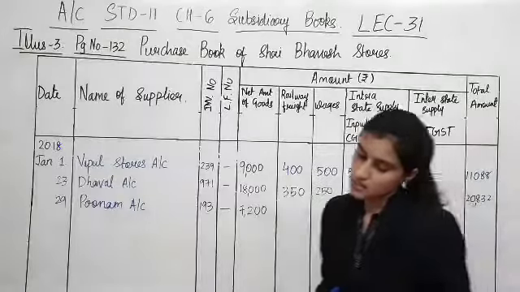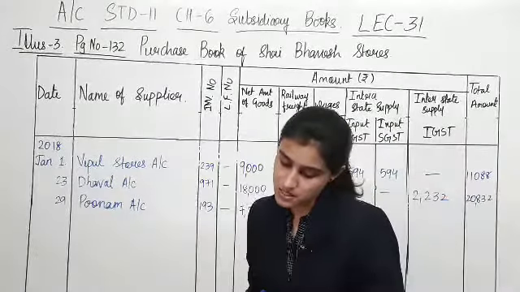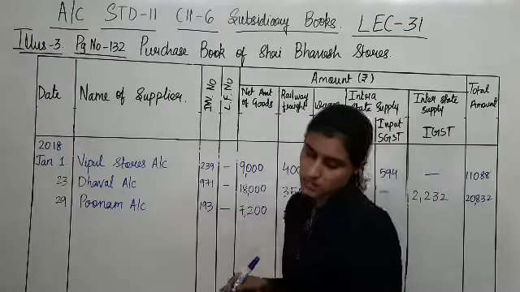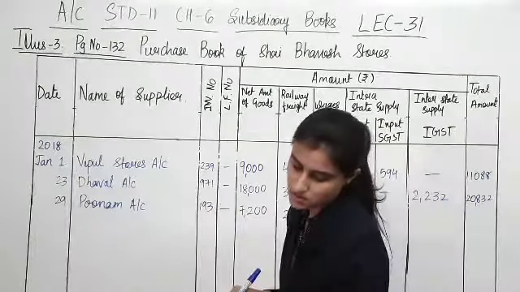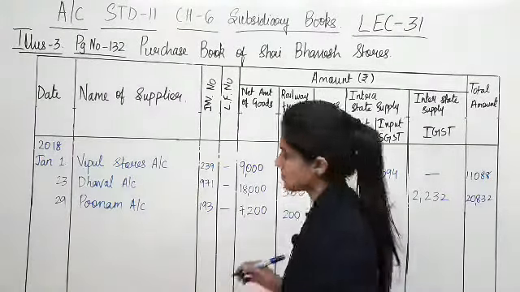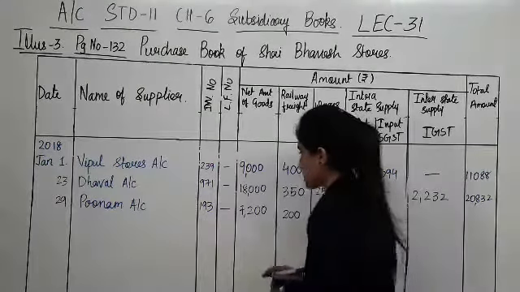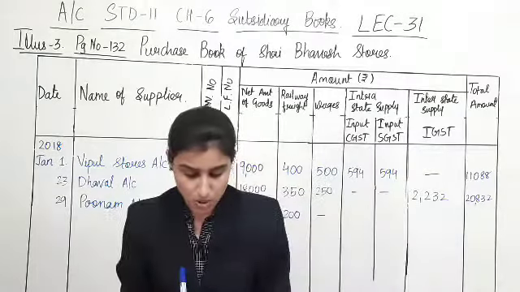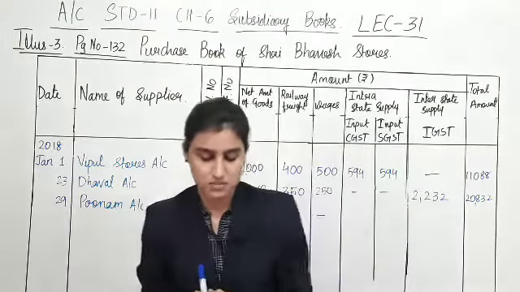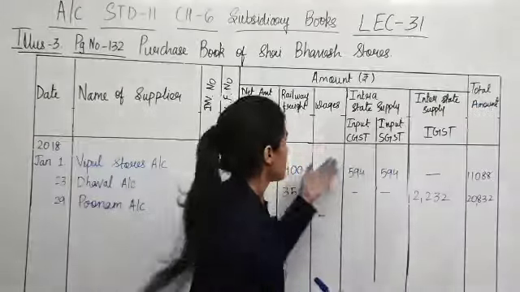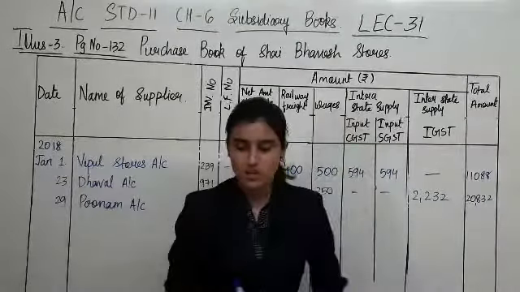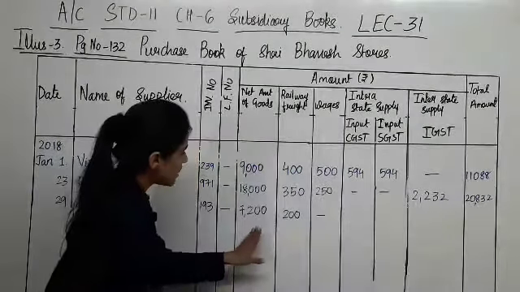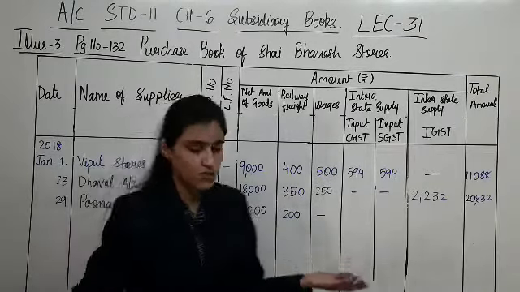Then the railway freight is 200 rupees. Is labor given or not? No, it's not given in the transaction. From where have these goods been purchased? Poonam of Porbandar. Porbandar is intrastate supply. So firstly, goods worth rupees 7,200 plus 200 is 7,400.